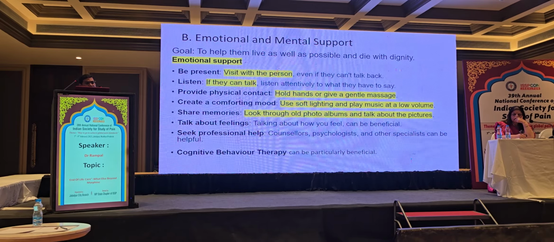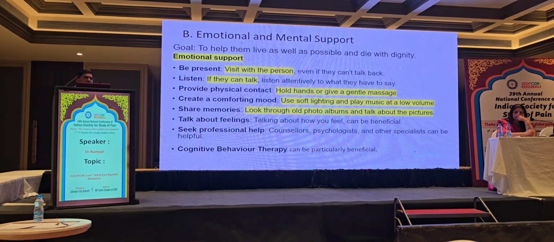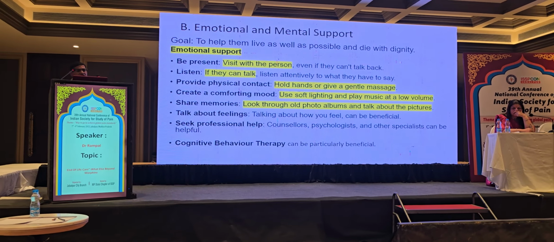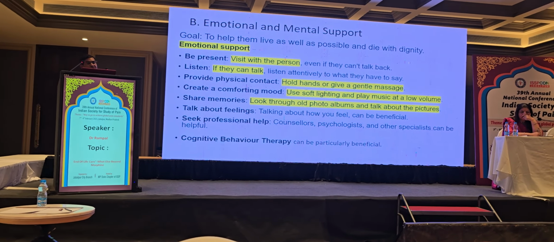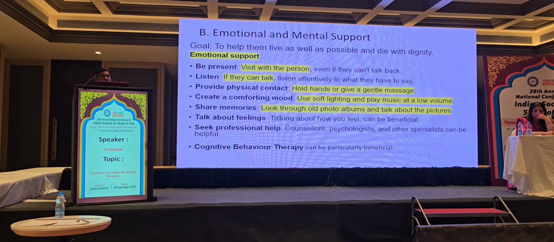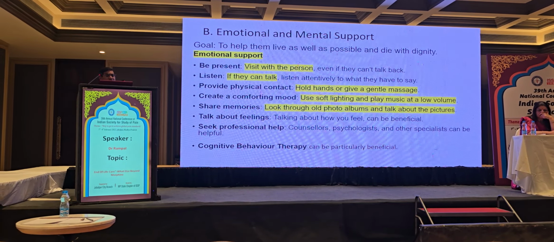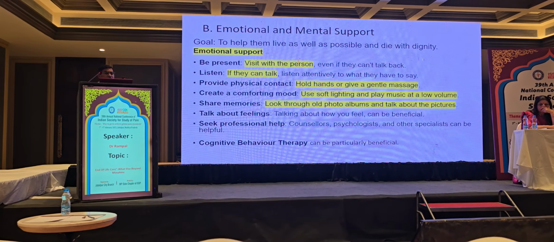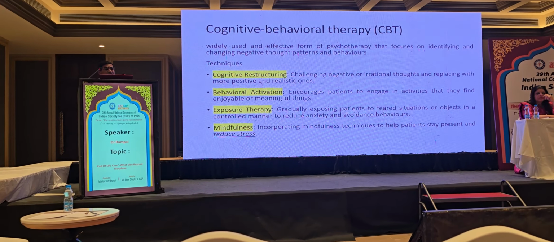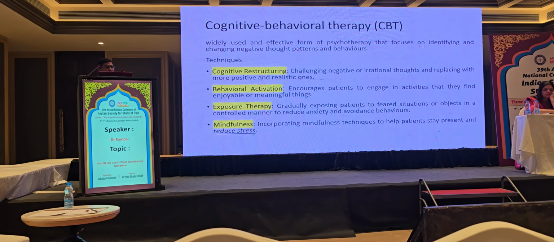Seek professional help. If these things don't work, then counselors, psychologists and other specialists can help. And next, cognitive behavioral therapy, which is particularly beneficial during this process. Cognitive behavioral therapy is widely used as an effective therapy.